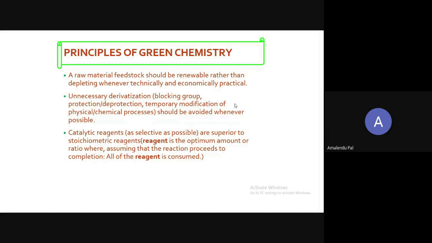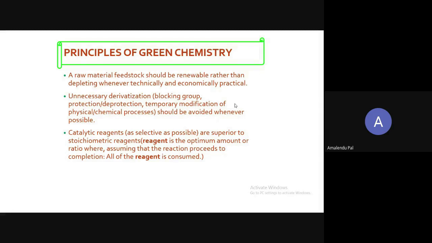Byproducts should be renewable, we can reuse them, and should not be depleted. The raw material feedstock should be renewable whenever technically possible or economically practical.